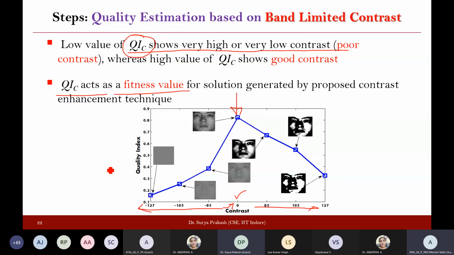If your values lie between 0 and 100 one time, and another time between 0 and 200, then putting a threshold will be very difficult. So whatever values you get for the contrast need to be rescaled to a particular range so that the threshold you have decided is applicable for every image.